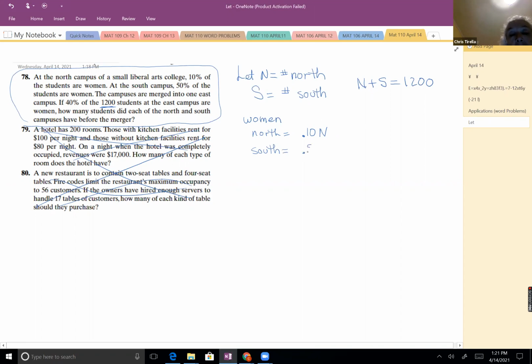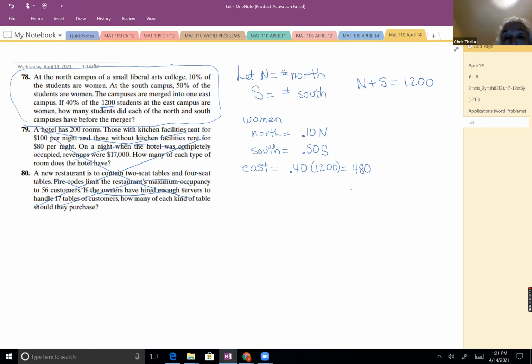So that would be 0.50 times the number at the South. And we know when they merge at the East, the total is 40% of the 1,200 students. And so that would give me 480.